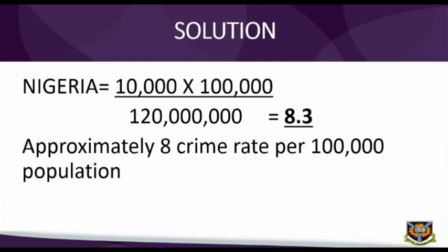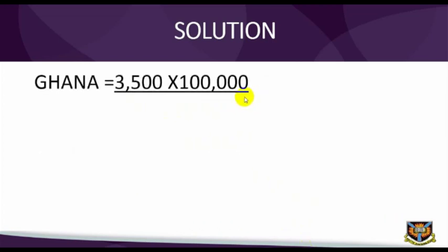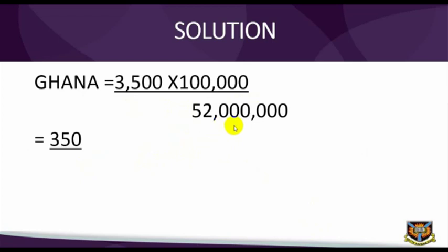That is, Nigeria is equal to 10,000 times 100,000 over 120 million is equal to 10 times 100 over 120 is equal to 8.3, approximately 8 crime rate per every 100,000 population. Ghana is equal to 3,500 times 100,000 over 52 million is equal to 350 over 52 is equal to 6.73, approximately 7 crime rate per 100,000 population.